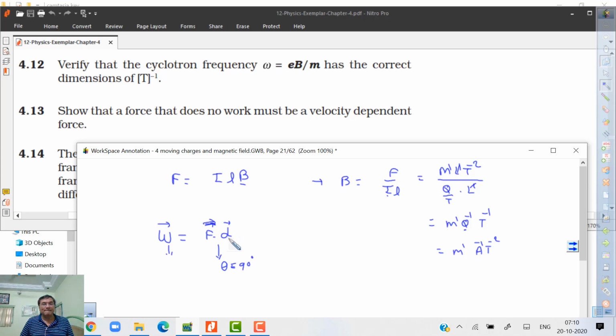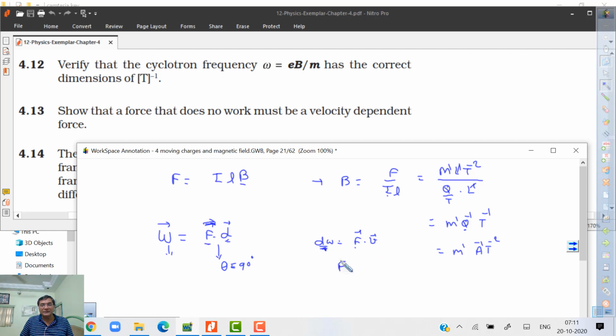ફોર્સને કારણે ડિસ્પ્લેસમેન્ટ થશે એટલે વેલોસિટી મળ્યું, પણ વર્ક થવું જોઈએ નહીં. તો જેવો ફોર્સની ડિરેક્શન બદલાય એકોર્ડિંગલી ડી ની ડિરેક્શન ચેન્જ થાય, એટલે વેલોસિટીની ડાયરેક્શન બદલાઈ જાય. તમે આમ કહી શકો છો, take dW is equal to F dot dx, F is constant, and differentiating this we get v, and this is 0.